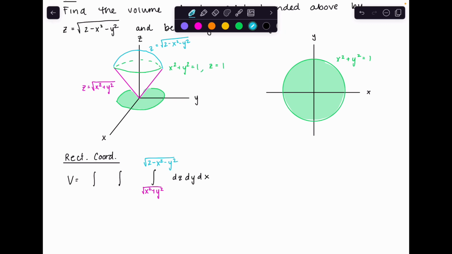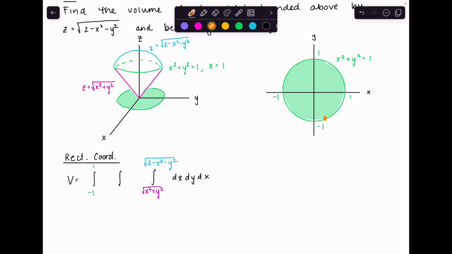Now, for what's going on in the xy direction, we have to figure out with this circle. We used symmetry to our advantage here, but I'll set it up without using symmetry. The x bounds are the nicest because this is a circle of radius 1. The x bounds are from -1 to +1. So for the y bounds, we've got to go from the bottom of the circle to the top of the circle.